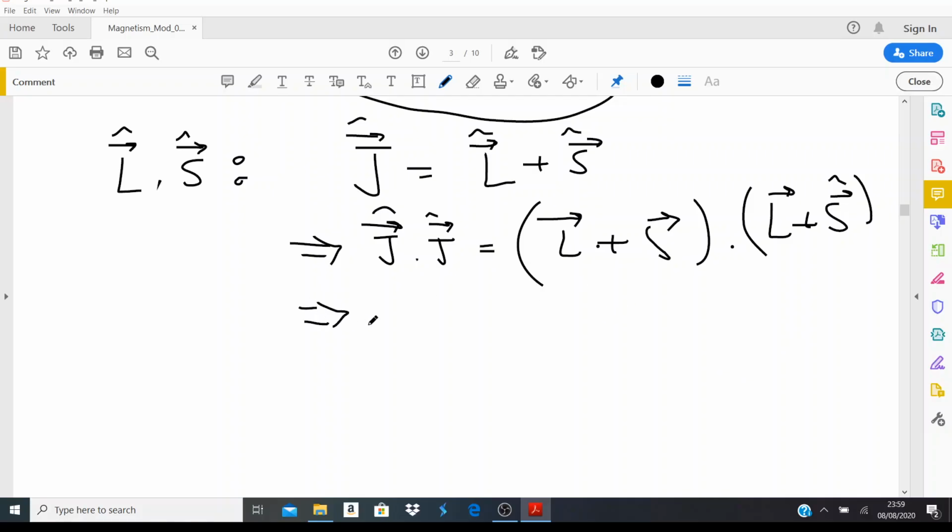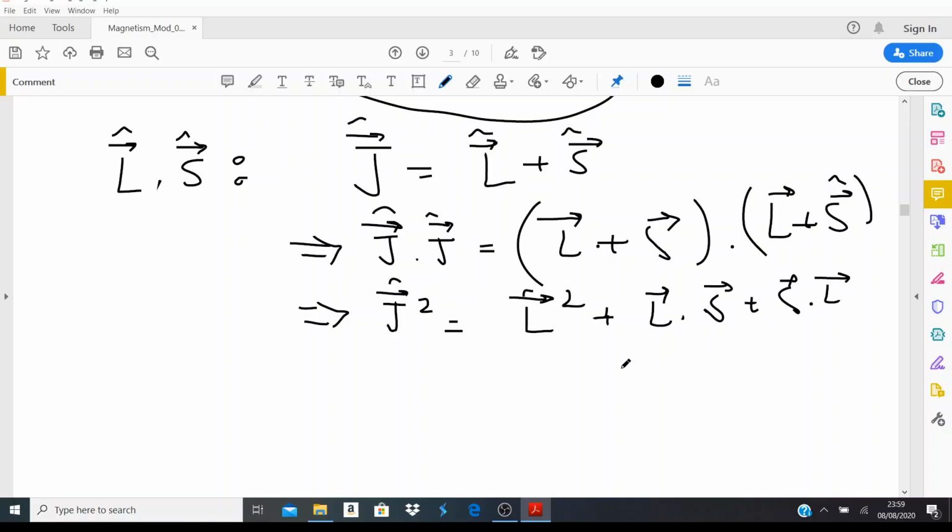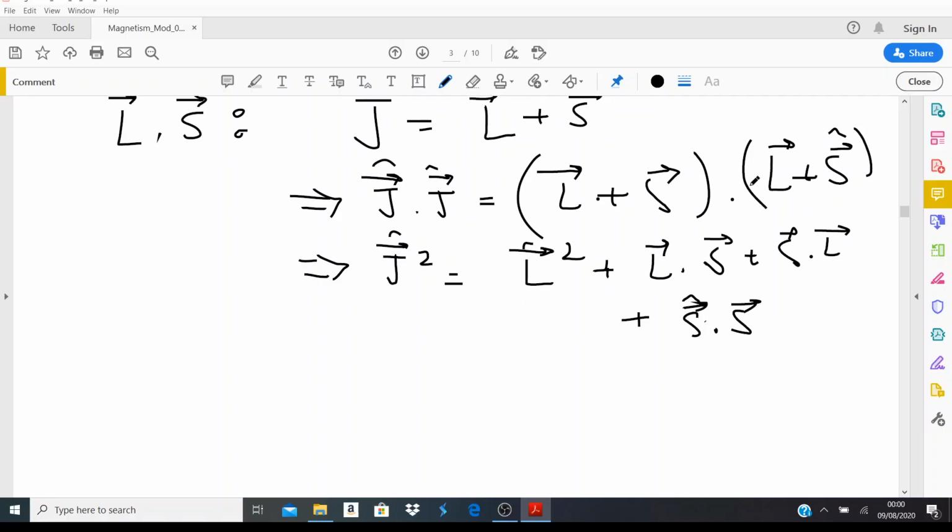So from this expression, you can see we have on the right hand side J square, and here what we have is L square from this dot product L into L, then we have L times S, so the dot product between L and S, then we have S dot L. I'm writing them in the order they come first, but then you understand L dot S and S dot L are the same because they commute with each other.